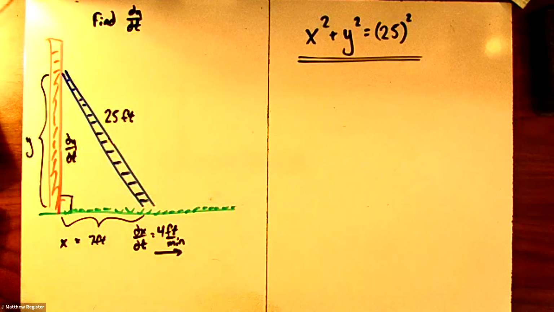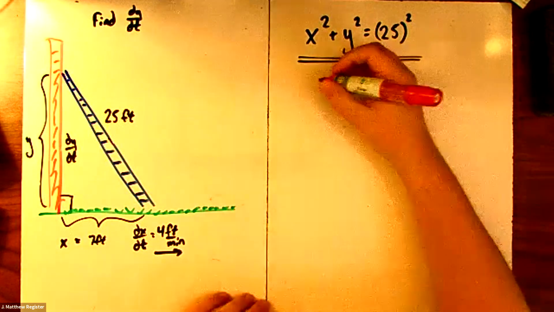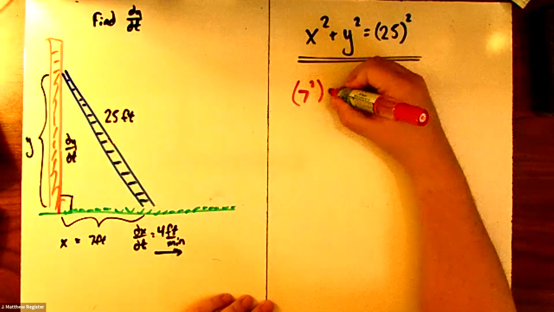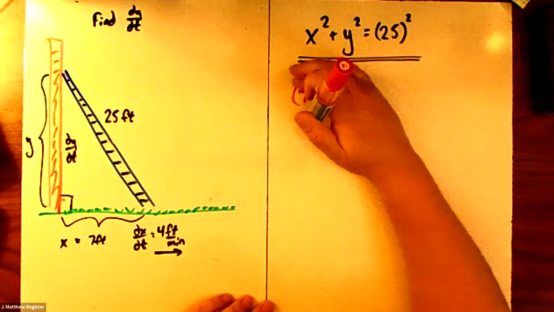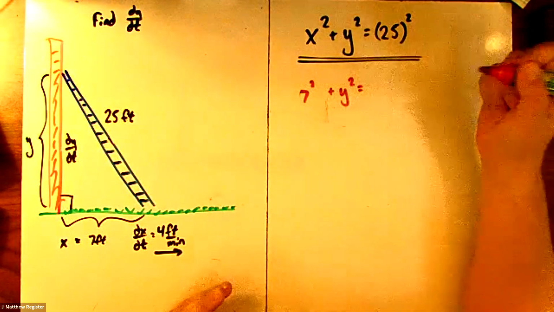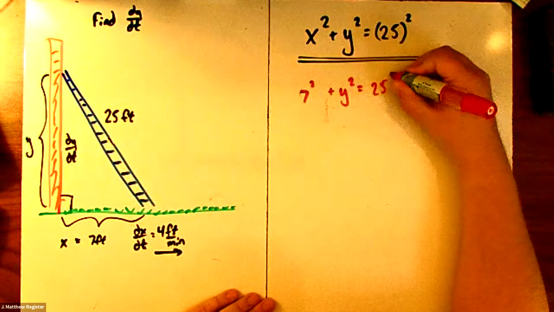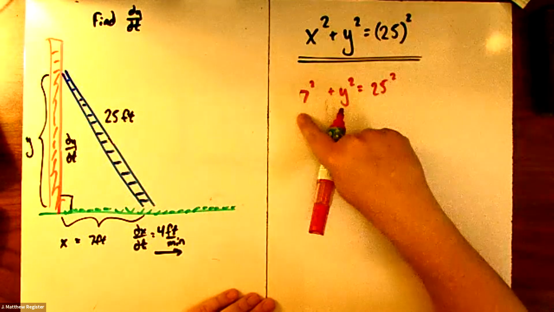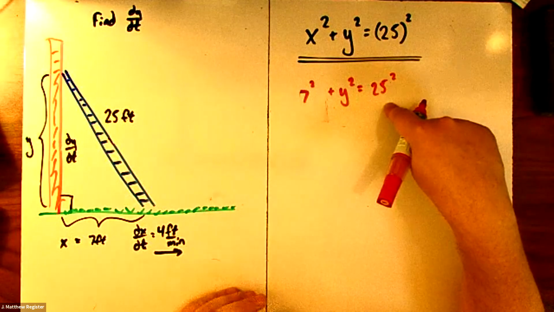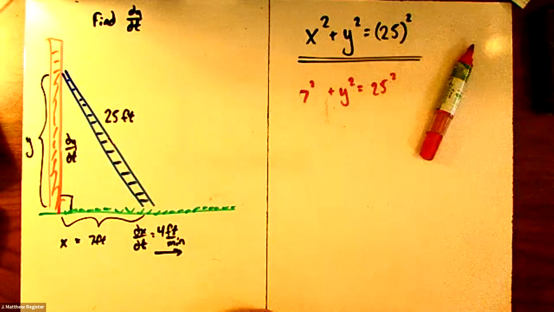And so if we know that x is 7 feet, we get 7 squared plus y squared is equal to 25 squared. 7 squared is 49. This is 625. That would give us 576.